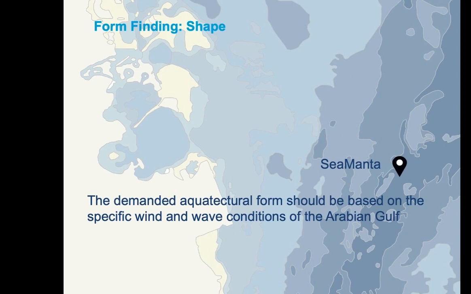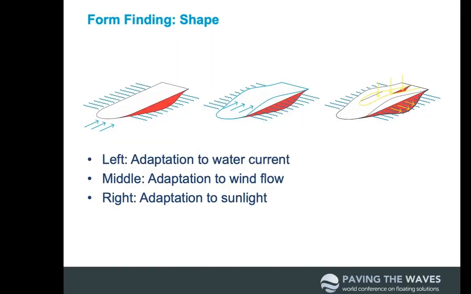The next step was then to take the right environmental criteria, and we had a request from the Middle East and the Arabian Gulf, and therefore we were taking these specific wind and wave conditions, and with these conditions we were developing a very, very specific form.